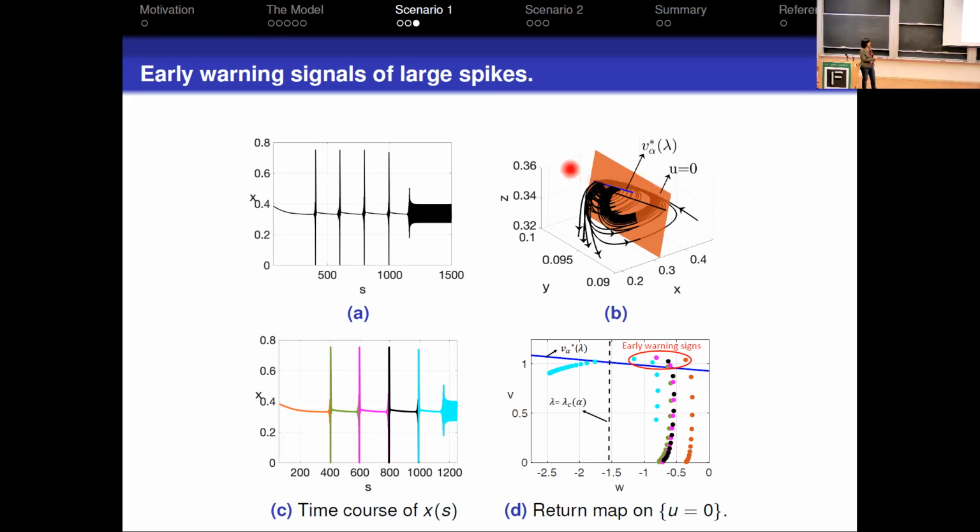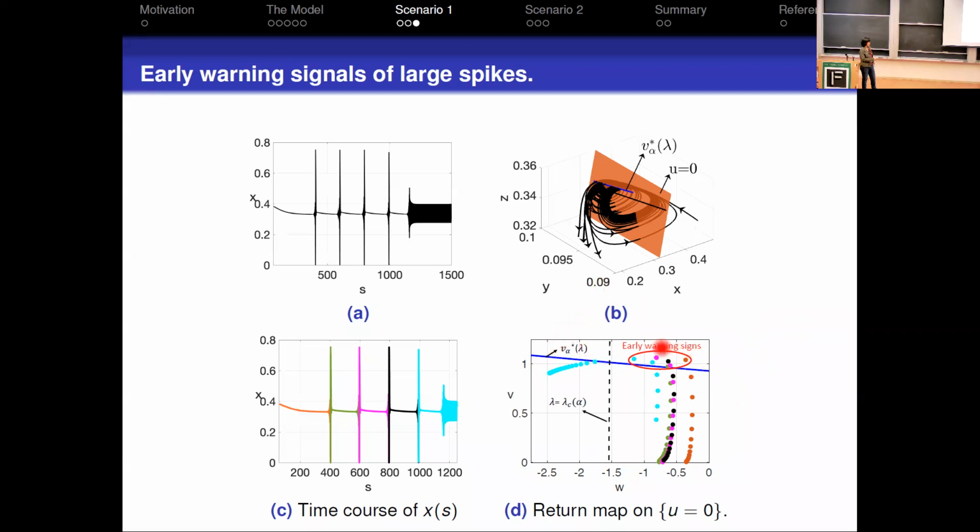This blue curve that we see here is the intersection of our quasi-separatrix with this Poincare section. We look at the return points on this section and study their relative positions with respect to this blue curve. Now we put everything again in the normal form variables, and in the normal form, this is how the return points look. Here we have the threshold in blue, which we denote by V alpha star.